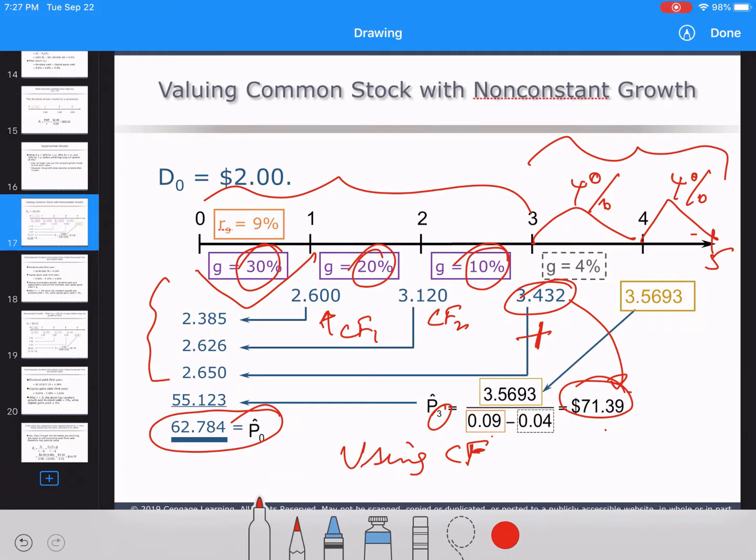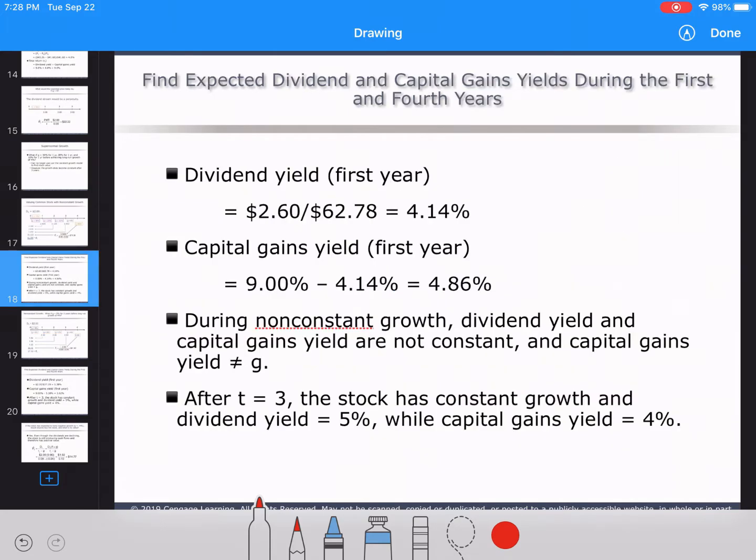So CF3 would be basically 3.432 plus 71.39. That is your CF3, okay? And then you calculate NPV, and using NPV you will get the number $62.784. So do that using cash flow. It's very easy. Don't do this with the present value method. Use the cash flow. If there is any difficulty, let me know.